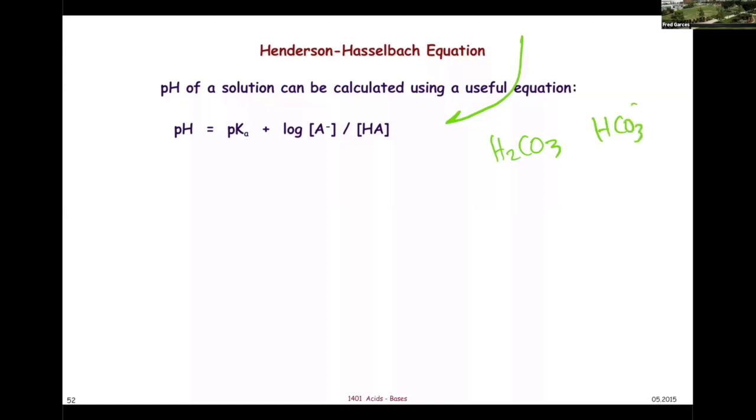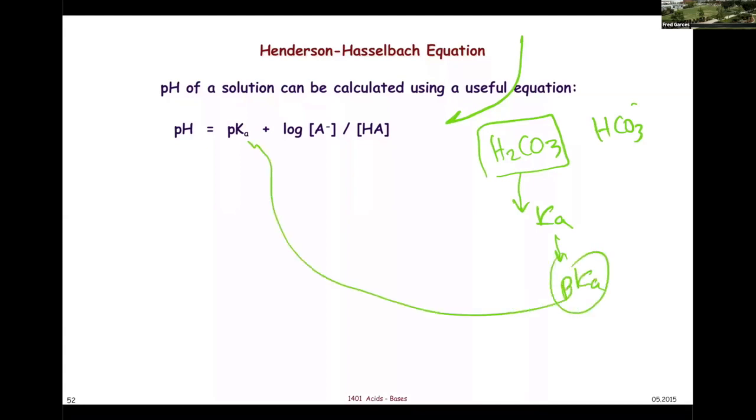Well, what we need to do first is figure out what the Ka is for carbonic acid and convert that to the pKa, because that's the first part of this equation. Then we need to know the concentration of the acid and the concentration of its conjugate. And if we have that, we can plug it into this equation right here and then calculate the pH of that buffer.